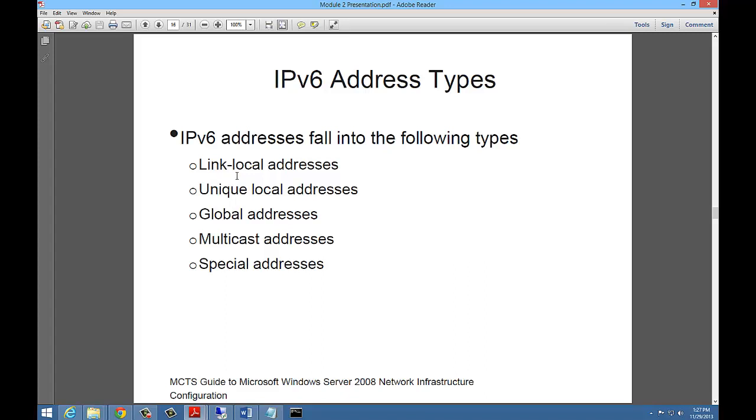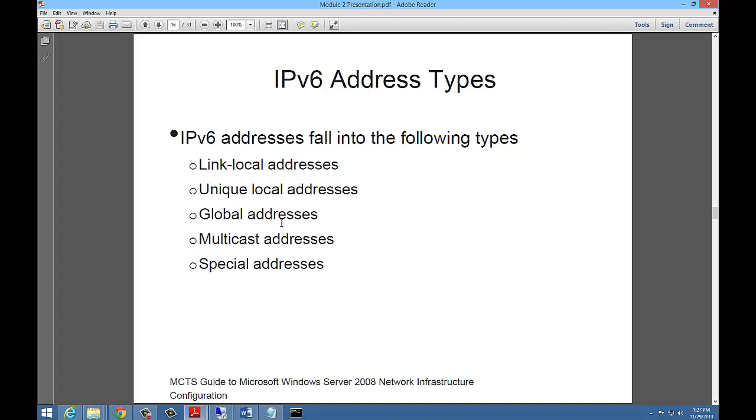There's unique local, which is the same as link local, just like private IP addressing, except a unique local allows you to route to multiple different subnets inside a network. You wouldn't necessarily see this in a home, but in a business you might have several different internal subnets being used. If you use IP version 6 to network those, you can use a unique local address scheme instead of a link local address, which allows for just one subnet. So this allows for multiple internal subnets.